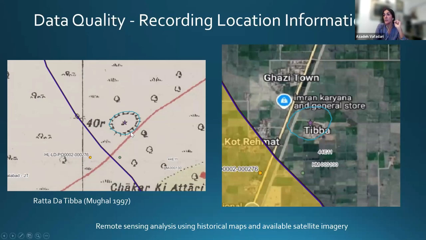When you look at the map, you see that there is a very close mound to this point, and satellite imagery shows a mound with the same name on today's satellite imagery. So this is an example that shows us that the more accurate location for this site can be moved and recorded to where the mound is.